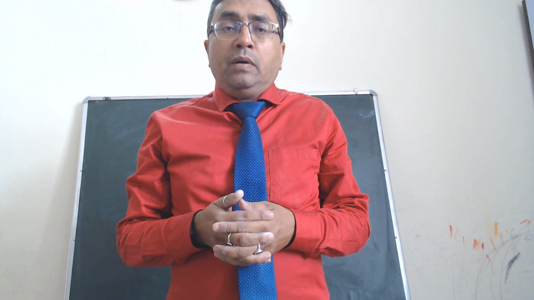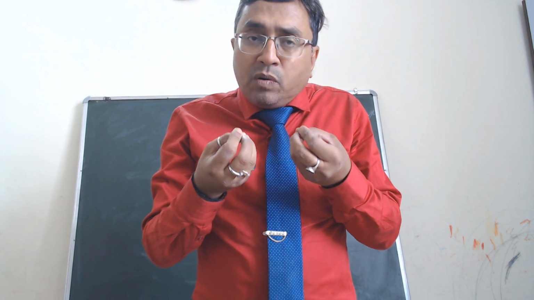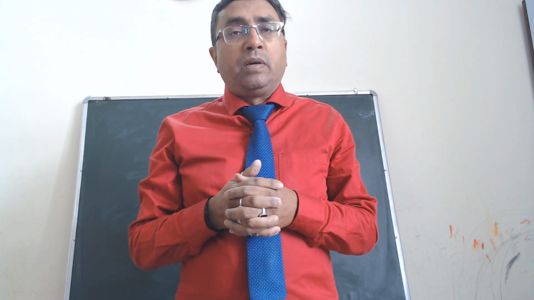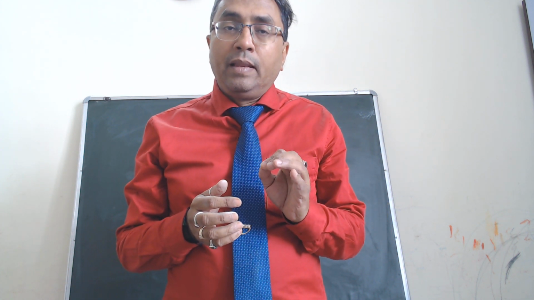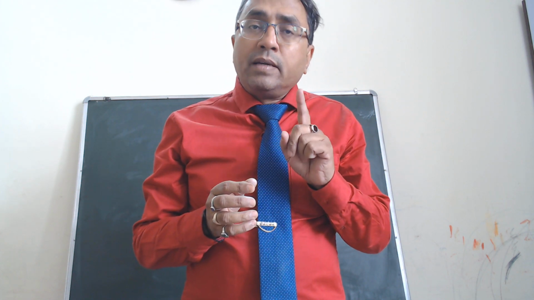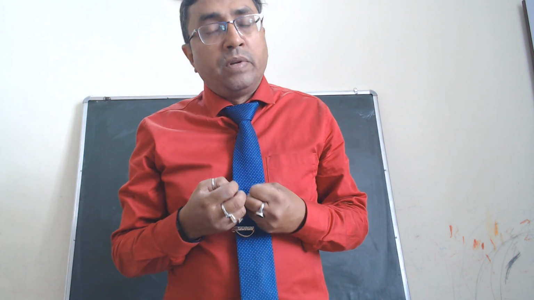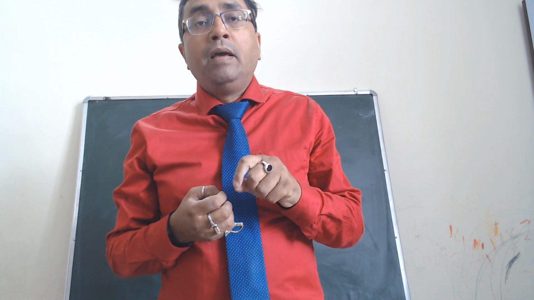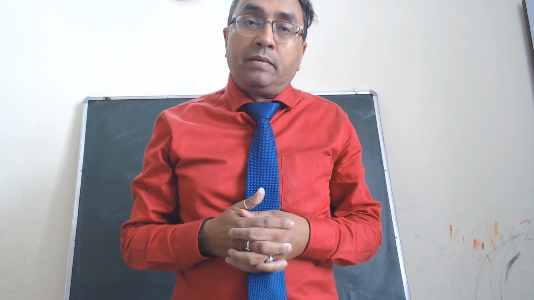Now let us start. A very important topic of endocrine gland. I am talking about insulin hormone. Insulin is an important hormone released from beta cell in response to hyperglycemia.